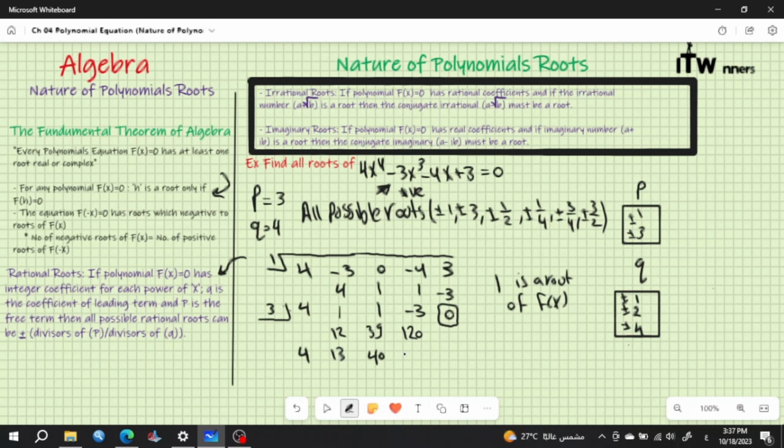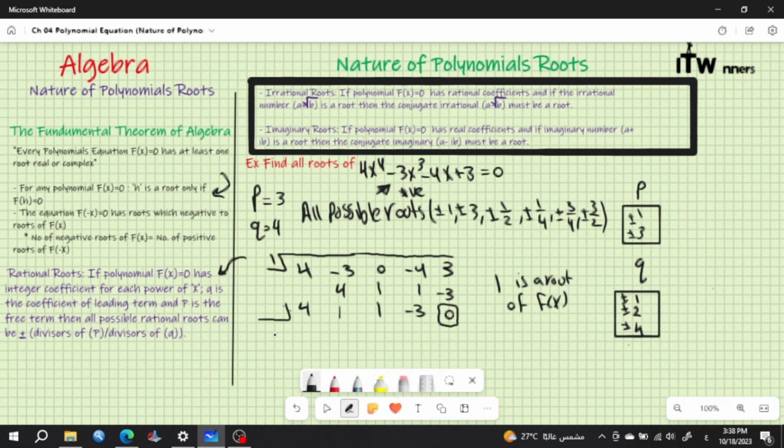Here we have 117. Then 3 is not a root of this function. Okay, let's try another one.